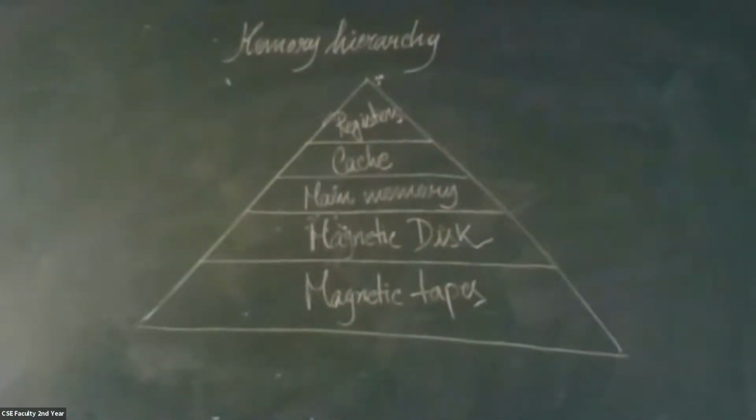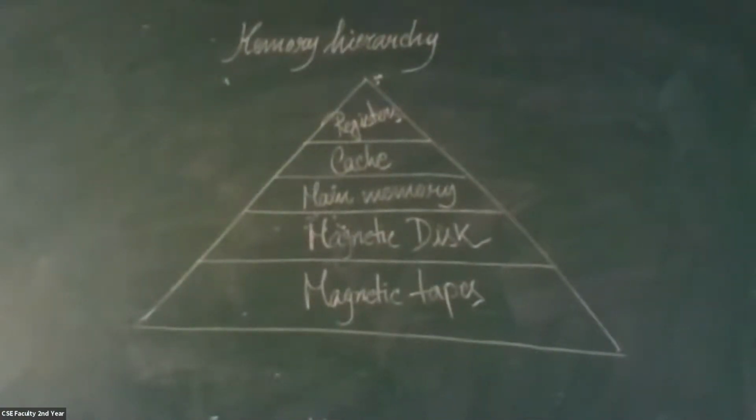Please draw this one. This triangle is the triangle of memory hierarchy. At the top of the triangle, we have registers, followed by cache, followed by the main memory, then the magnetic disk, and then the magnetic tapes.